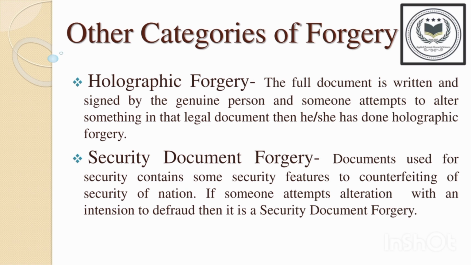In this type of forgery, the documents which are used for the security of a particular company or the government are targeted. If someone attempts to alter the security documents, or to steal or sell those documents illegally, he or she is doing security document forgery.